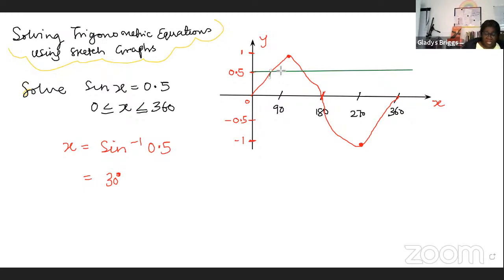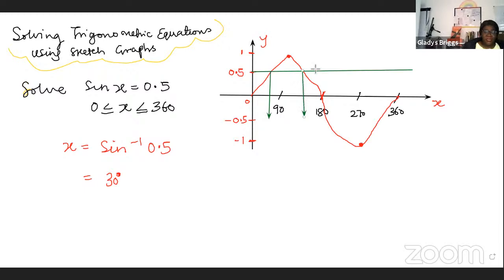This line is coming down, sorry. There's one solution there where this line is coming down and touching the x-axis here. Now, what is this other solution? How do you work out this other solution?